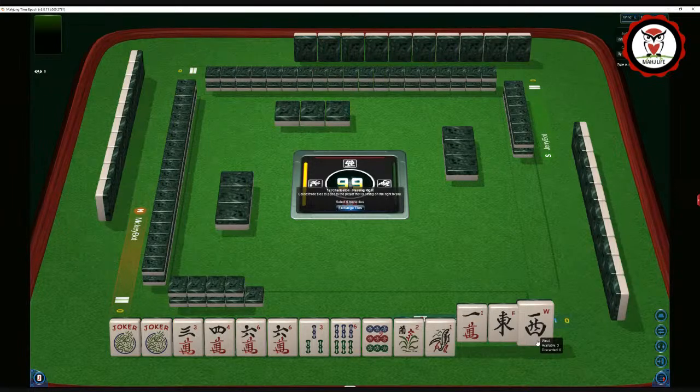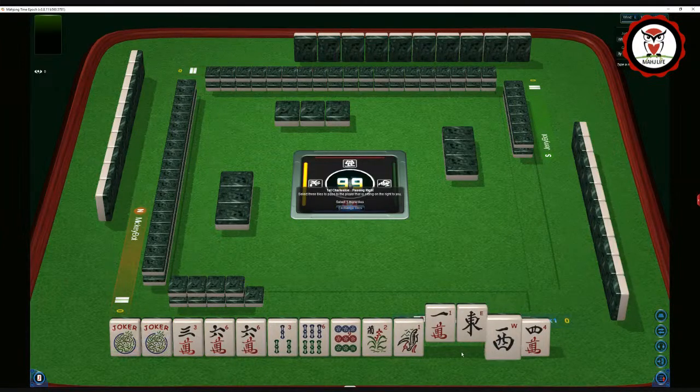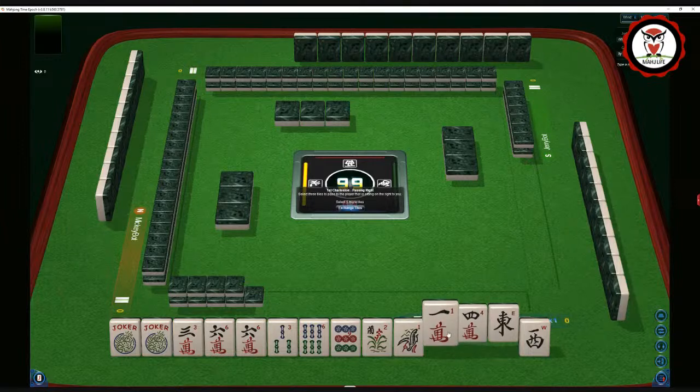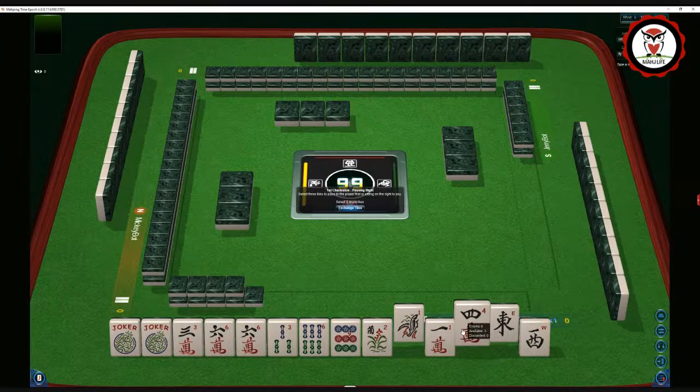Here we have a 1 crack and 2 wins. Because of news on the card, I would not pass 2 wins. I would let the 4 go and just pass 1. And then I would probably let the 1 crack stay and discard the 1 bam. So they're different suits. So the idea here is that you just want to mitigate the risk.